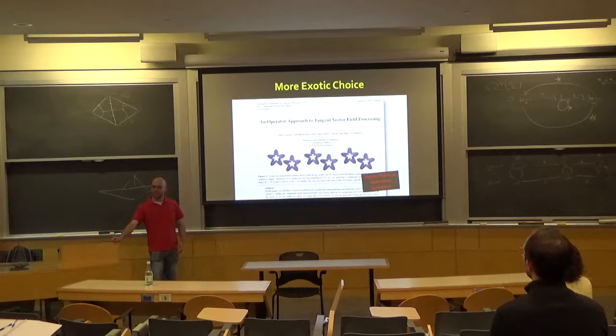It's very similar to how we define a zero form as a thing that takes dot products with vectors. He says, well, a vector field is an operator on functions. And the idea is, if I have a vector field, and now I put a function on my surface, then what is the vector field acting on that function? It's the directional derivative of the function in the vector field direction at every point.